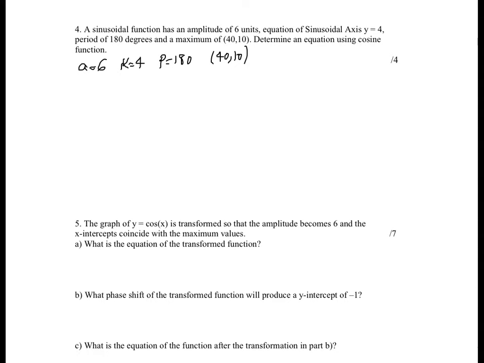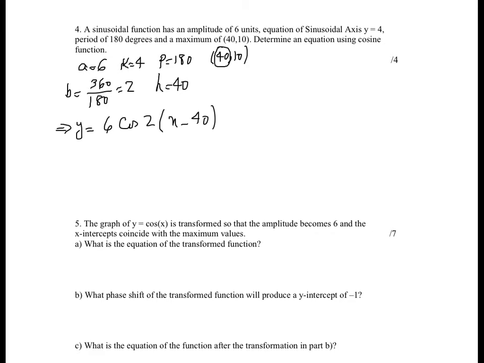Since we know the period, we know that B is 360 divided by the period, 180, which gives us 2. Since the x-coordinate of the maximum is 40, this means that h is 40. So the equation becomes A cos(B(x - h)) + k, and our k is 4. So the equation becomes 6 cos(2(x - 40)) + 4.